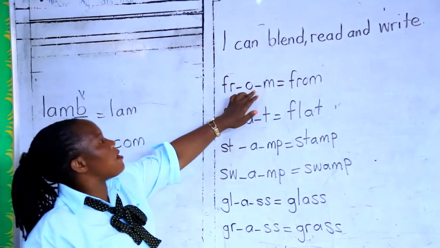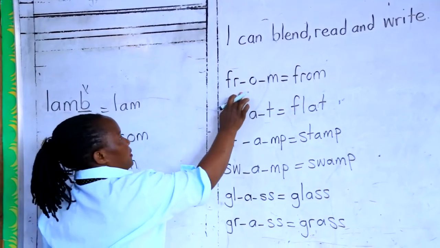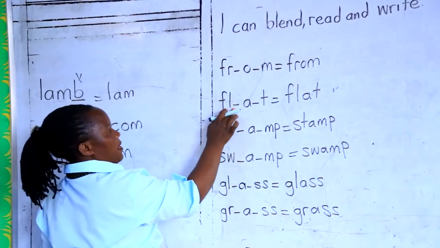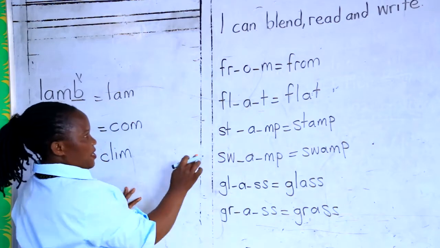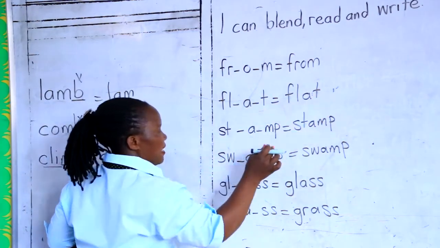First, the word is from. Again, from. Here we have flat. The word is flat. Again, flat.